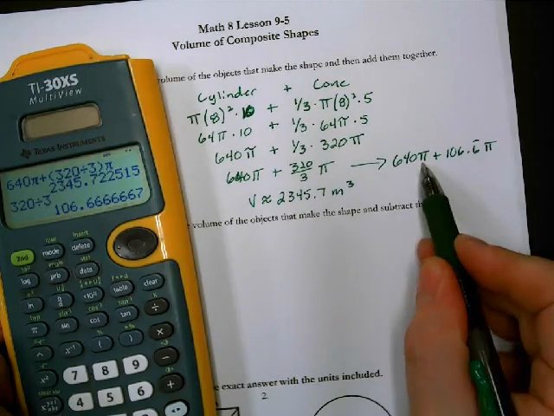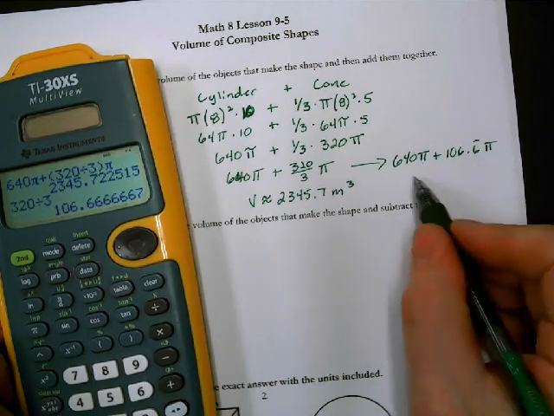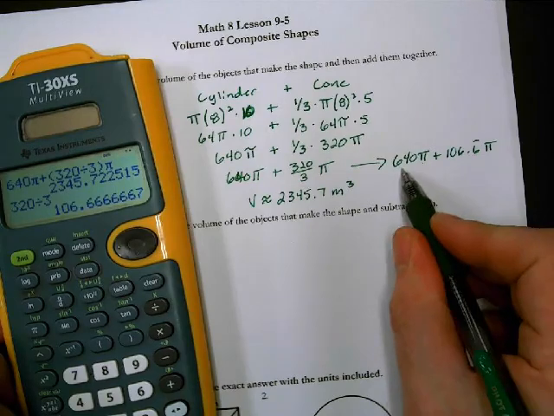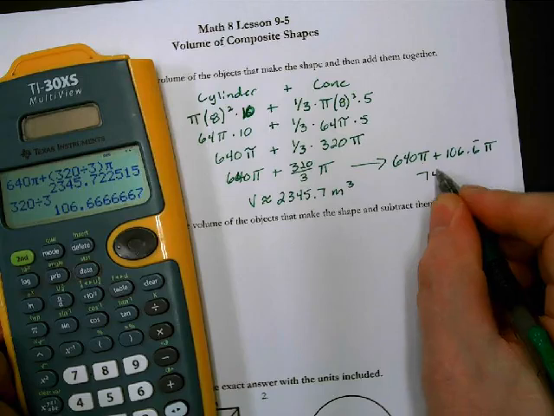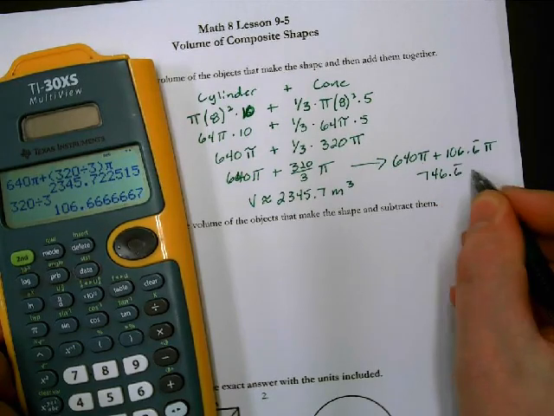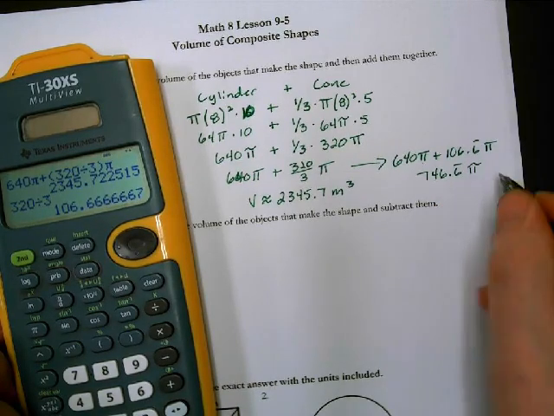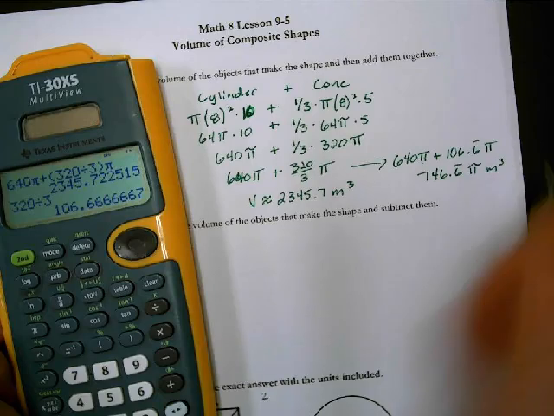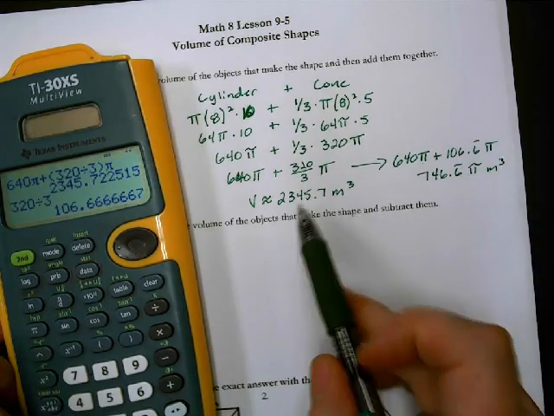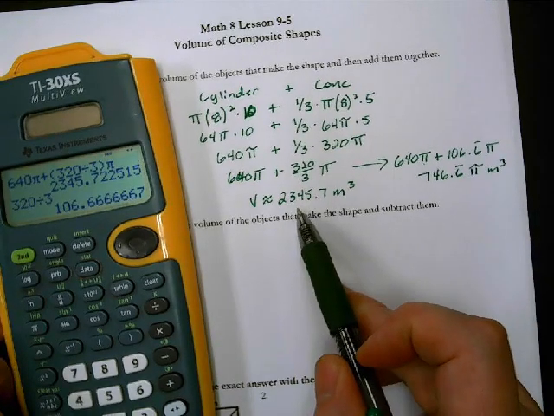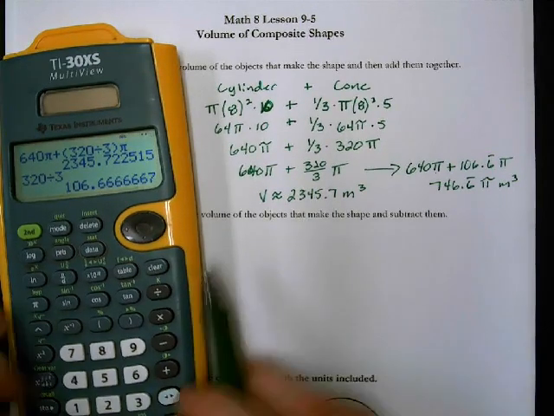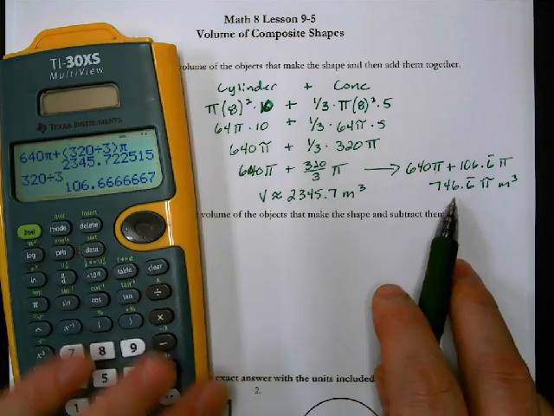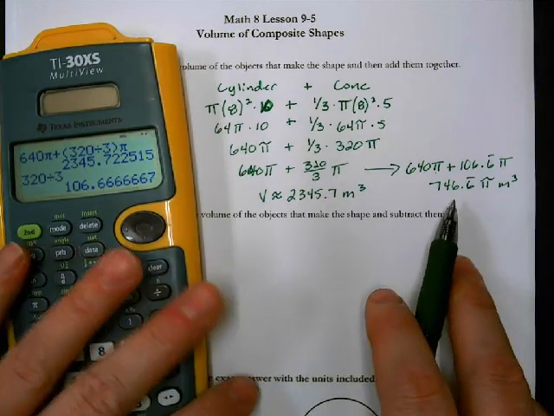Since they're both being multiplied by pi, I could have just added 640 plus 106 and gotten 746.6 repeating pi. That would have been my exact answer. On problems like these, we would usually give the decimal answer. It makes a lot more sense for the problem that we're working with. But this is the exact answer, 746.6 repeating pi.